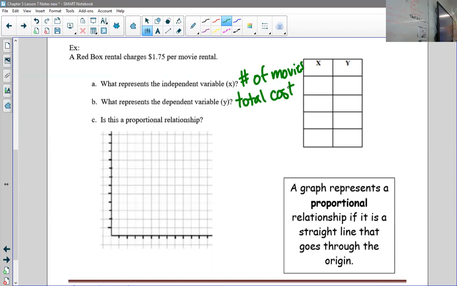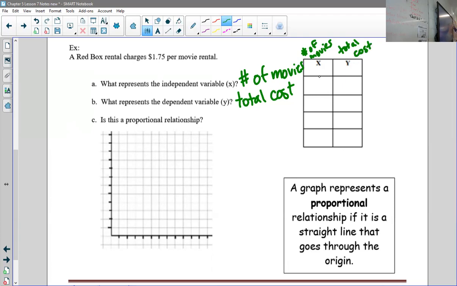So as we see here, our independent variable is always represented by our x. So x in this column is going to be number of movies. And our y in this column is dependent, and it's going to be our total cost.